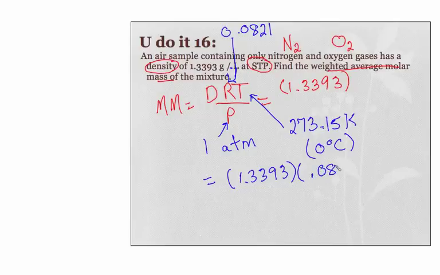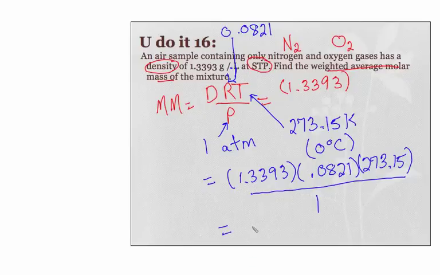1.3393 times R times T. Do not forget, if this was multiple choice, I promise you one of the answers would be what you would have been able to calculate mathematically if you'd forgotten to convert Celsius to Kelvin. And of course, if we use atmospheres, which is one of the advantages of atmospheres, that would be a 1. And I've got 5 sig figs in my problem.